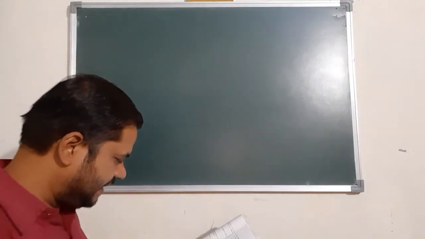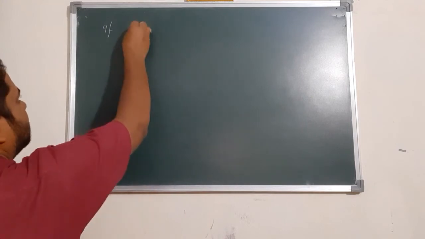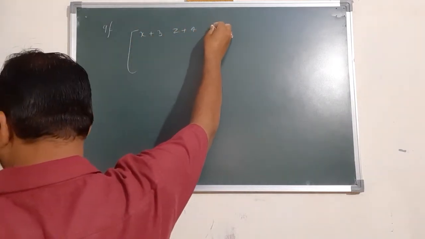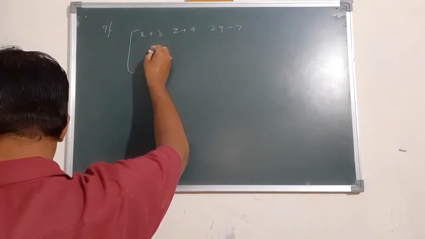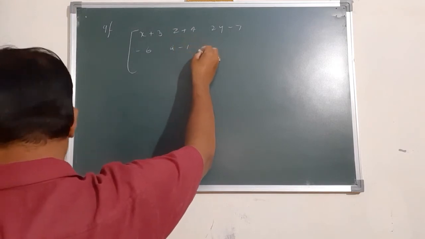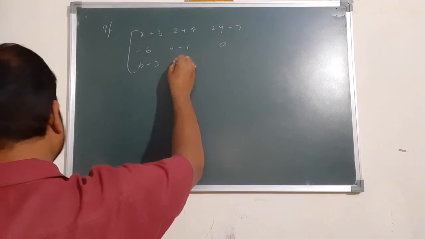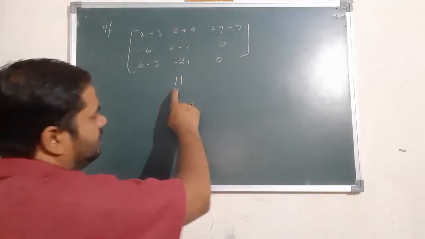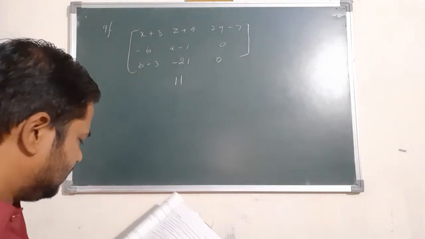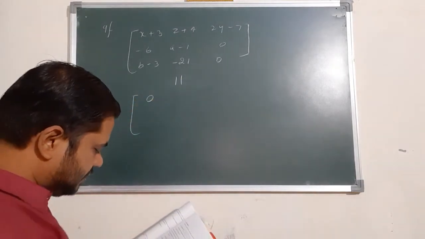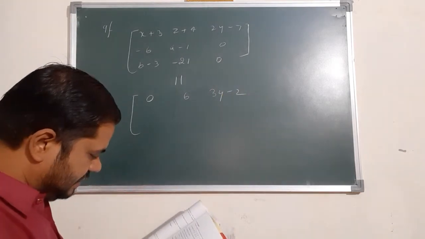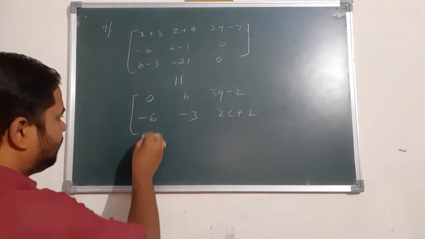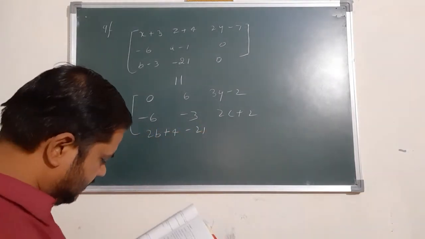Find the values of x, y and z, a, b, c, if the matrix with rows x plus 3, z plus 4, 2y minus 7; minus 6, a minus 1, 0; b minus 3, minus 21, 0 is equal to the matrix with rows 0, 6, 3y minus 2; minus 6, minus 3, 2c plus 2; 2b plus 4, minus 21, 0.